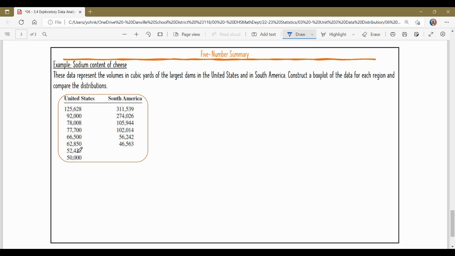All right, so let's do the US here. We'll list the min, Q1, the median, Q3, and the max.